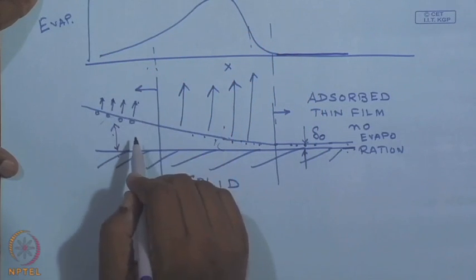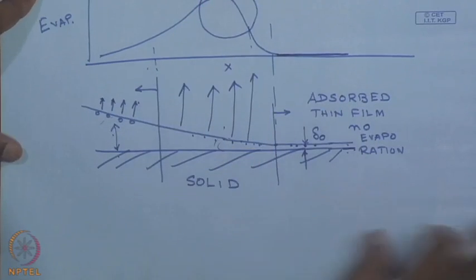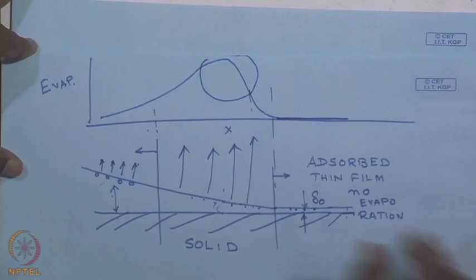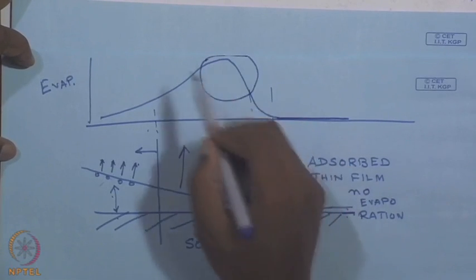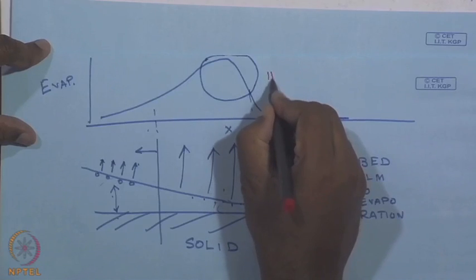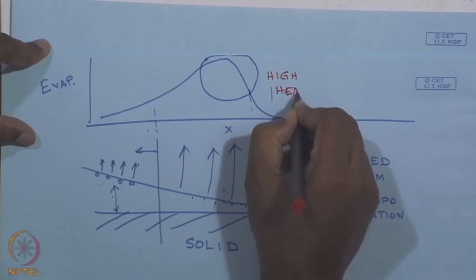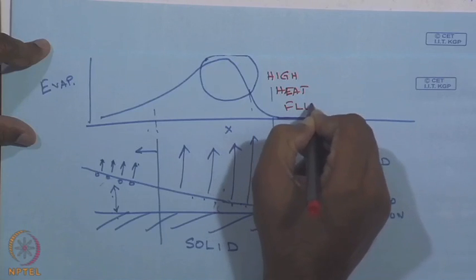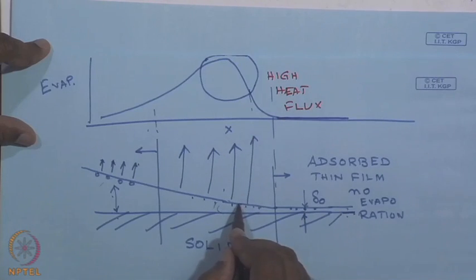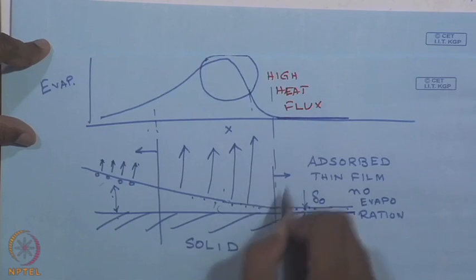So, this very high heat flux is possible from a region which is quite thin, but not thin enough such that evaporation is not allowed. This region is called the interline region.